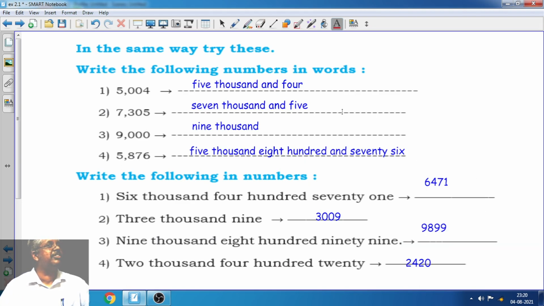Now let me arrange this all in a proper way. So my 6471, 3009, 9899, and then 2420. So this is your way of writing the numbers into words and words into numbers.